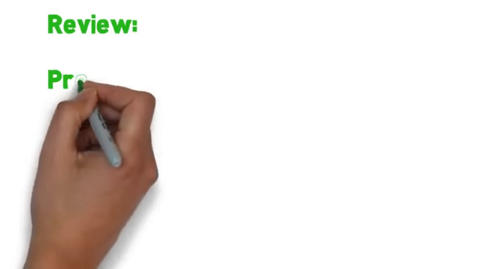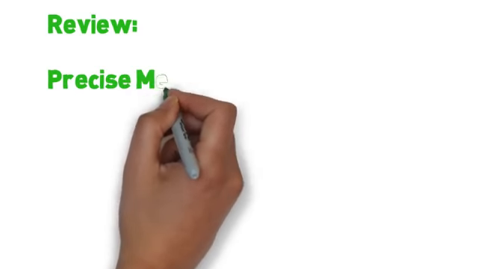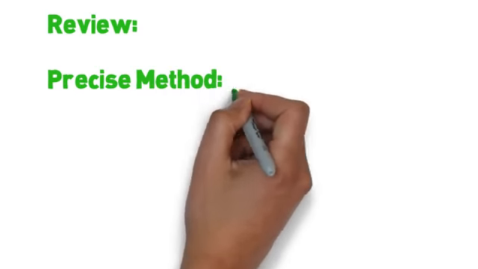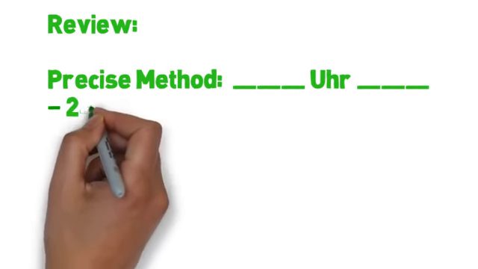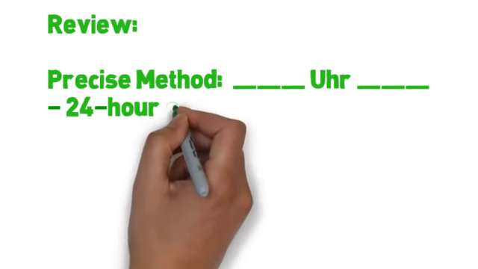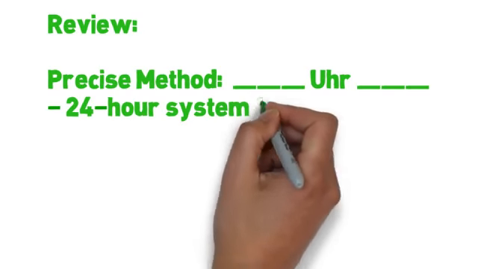That's a lot of information, so let's review telling time. When you want to be exact or precise, you'll use the phrase blank Uhr blank, like 2:25 or 9:50.